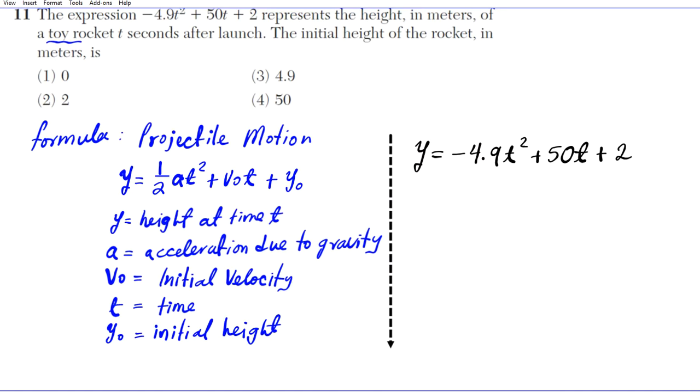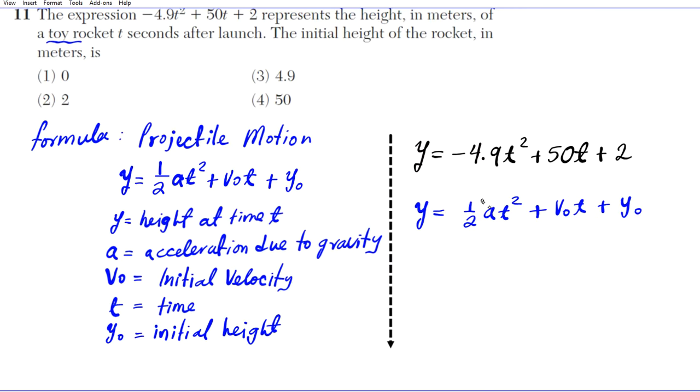So I'm going to write down this projectile motion equation underneath it, and then with the use of coefficients, we can determine what the initial height is, what the initial velocity is, and what the acceleration is. So let's go ahead and write down the function here. We have y equals 1/2 a t squared plus v sub 0 t plus y sub 0.